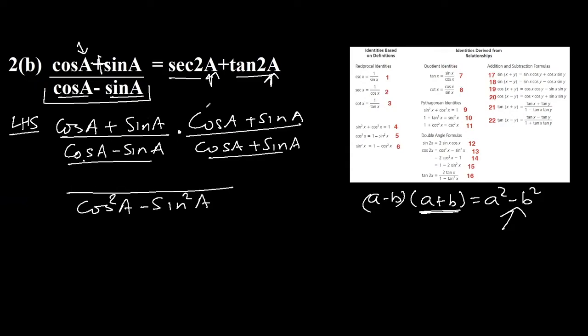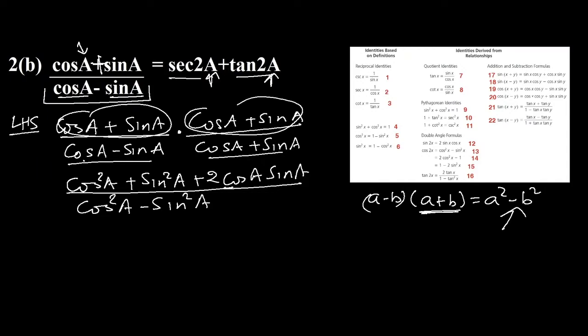And if you see numerator, they are exactly same. So basically we'll square cos a plus sine a. Cos square a plus sine square a plus 2 cos a sine a. This is the expansion if I multiply this with this.